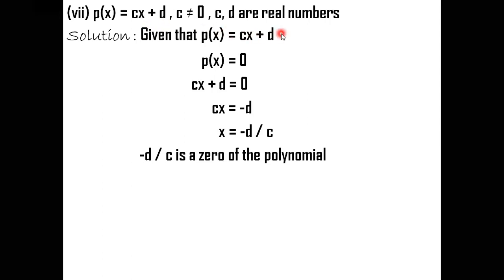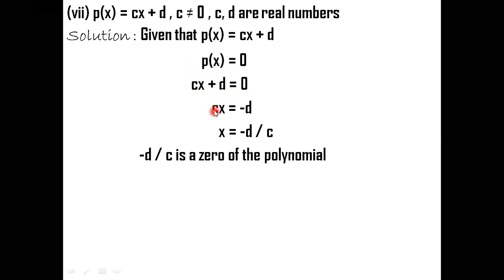So P of x is equal to Cx plus D, and we know that our P of x should be equal to 0. So I've written P of x is equal to 0, and then as given in the question, P of x is replaced by Cx plus D. So Cx plus D is equal to 0.